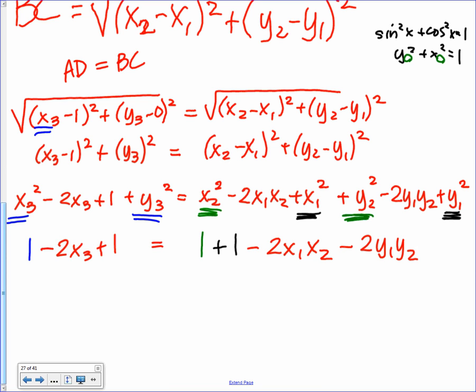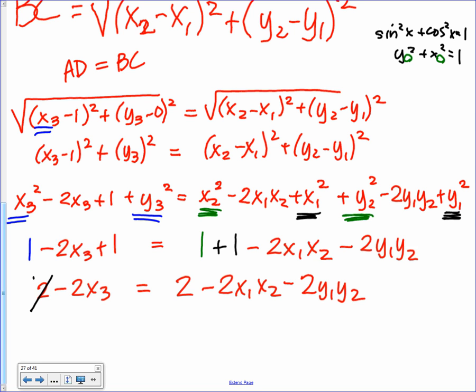Okay, check this out. This is 2 minus 2x sub 3 equals 2 minus 2x sub 1, x sub 2 minus 2y sub 1, y sub 2. I'm collecting terms here. I could subtract 2 from both sides.